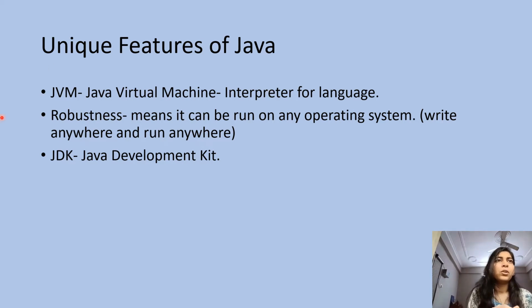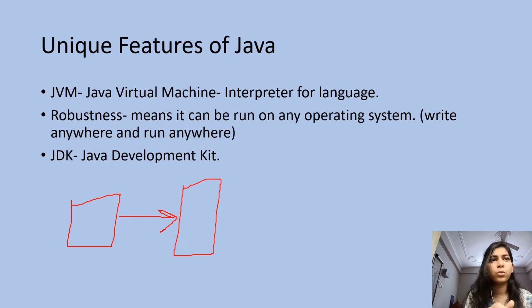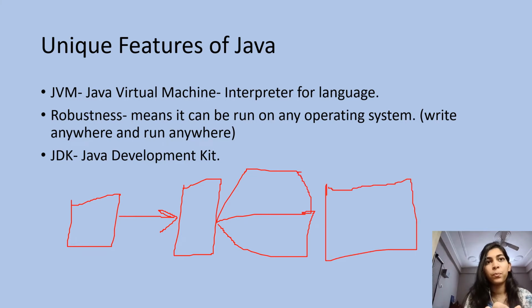So in the previous slide, we saw that, right? We will roughly draw the diagram here again. This was your source code, which got converted into bytecode. Then here came JVM, and then your machine code.